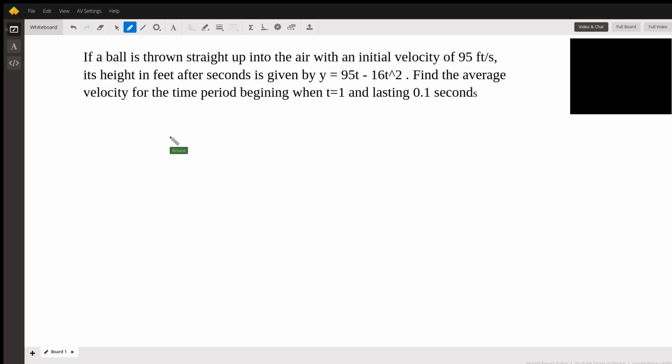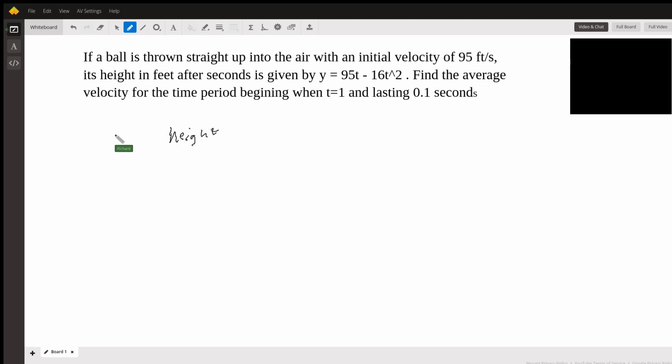So we're just going to find the height at a given time. You can think of this as an XY table. It's probably the easiest way. Let me set it up that way.